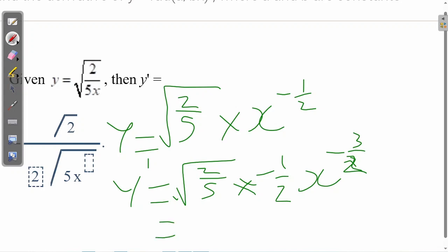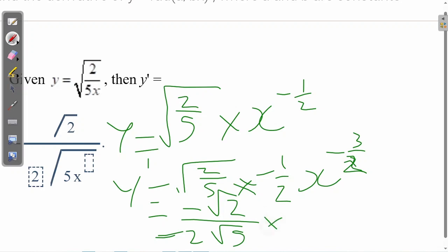So you get negative radical 2 over 2 radical 5 times 1 over square root of x cubed.